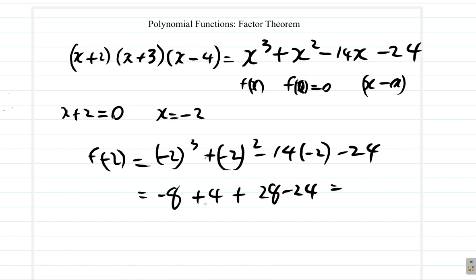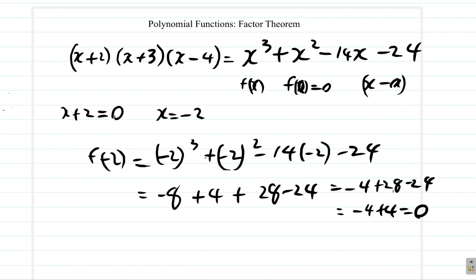Negative 8 plus 4 is negative 4, plus 28 minus 24. 28 minus 24 is 4, so negative 4 plus 4 is 0. So we see that that is 0.